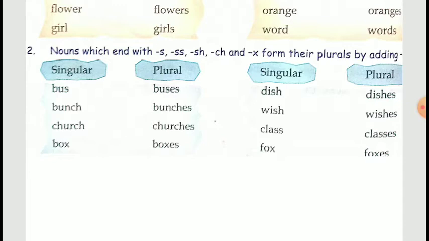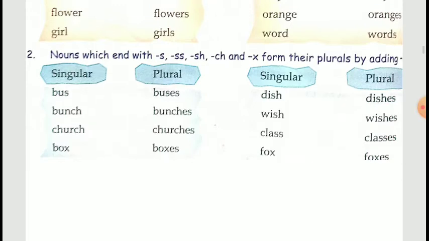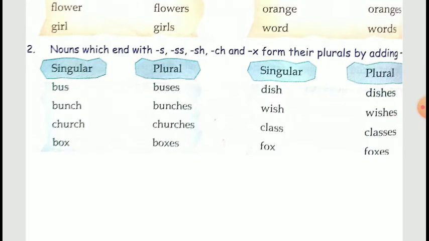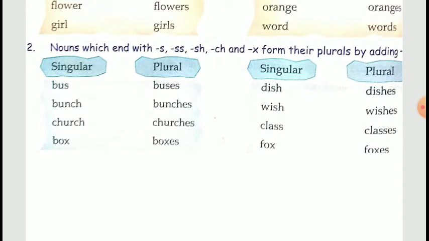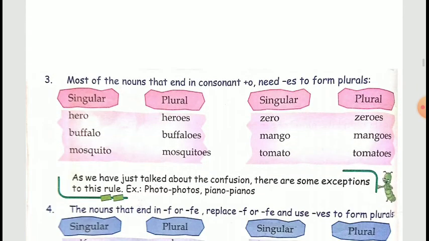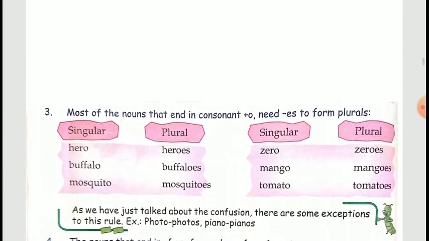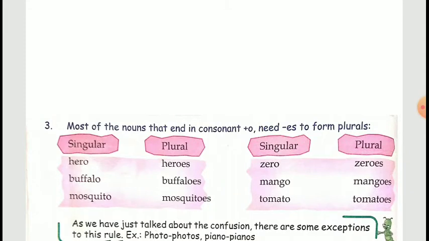Class has got double s at its end, so you just have to add es to make it plural. So class becomes classes. Fox has got x. Keep in mind to add es to make it plural. So fox becomes foxes.